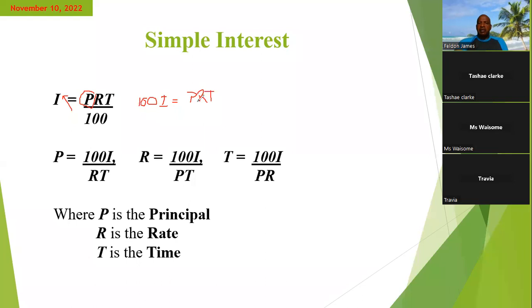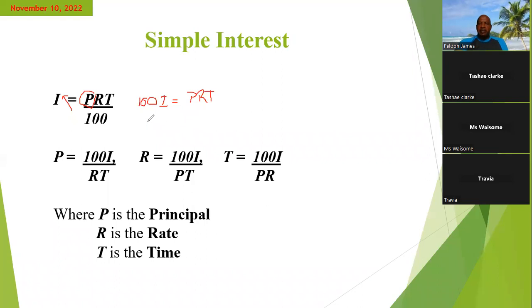Right, so in essence, you're really dividing both sides, but if you think of it as a shortcut, you can say you're moving the RT to the left-hand side, and you're doing the opposite of what it is doing on the right-hand side, which is multiply. The opposite of multiply is to divide.